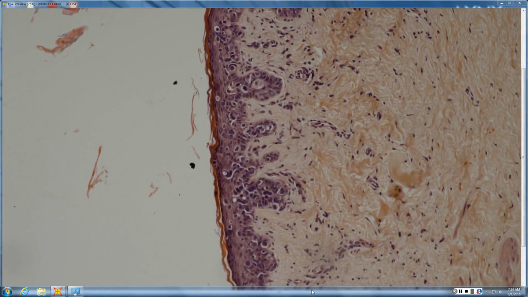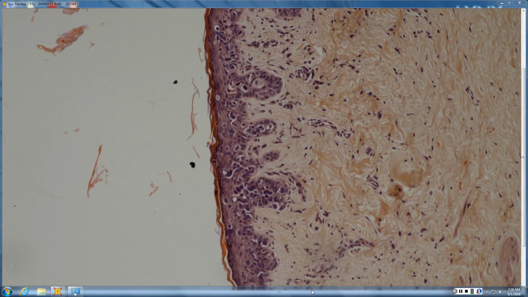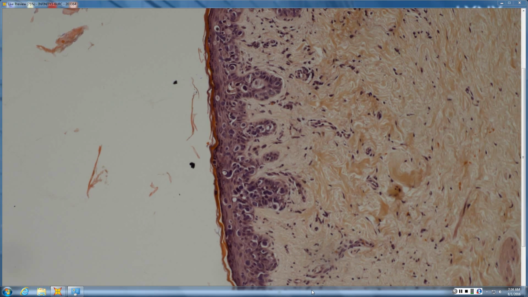CK7, everyone was super enthusiastic about CK7 until Klaus Helmut Hershey actually looked at Bowen's with CK7, and it's very commonly positive. So CK7, which was everyone's favorite, looks really specific for Paget's, does not appear to be that specific for Paget's if the differential is Bowen's. So, okay, it's very nicely done.